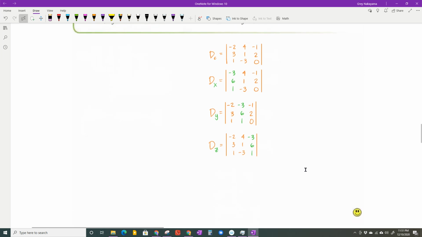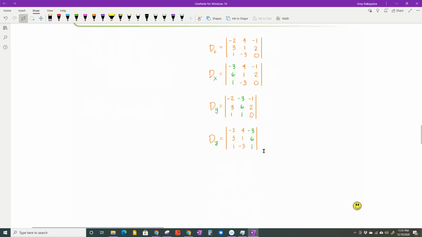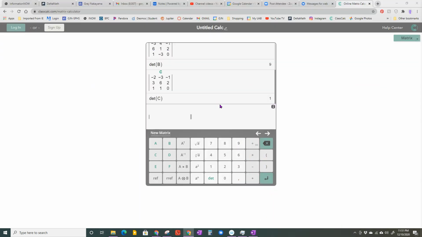Okay, then you do the same thing, but we have to go calculate. So I want to show you this real quick. When you want to do one, I'm going to do the determinant of the coefficients. In the in-class calc, you go to the matrix menu and you pick a matrix, it doesn't matter what letter.